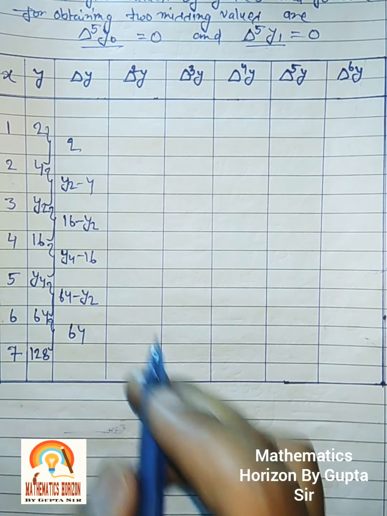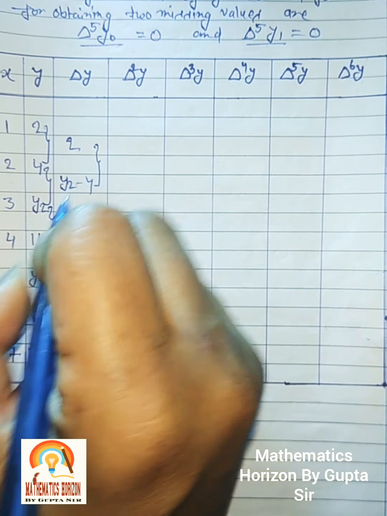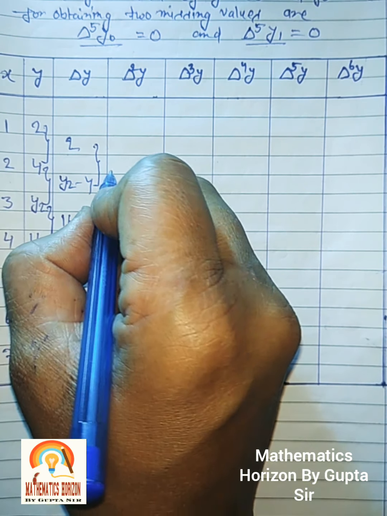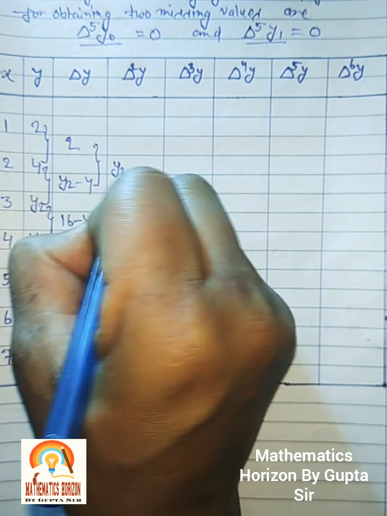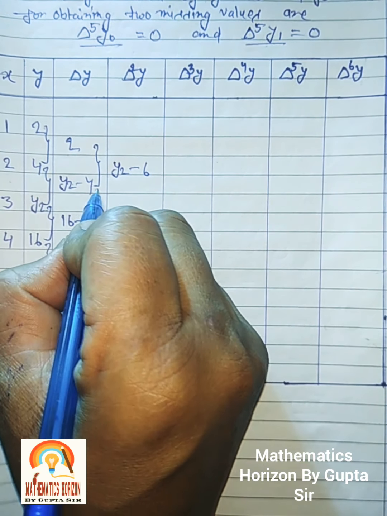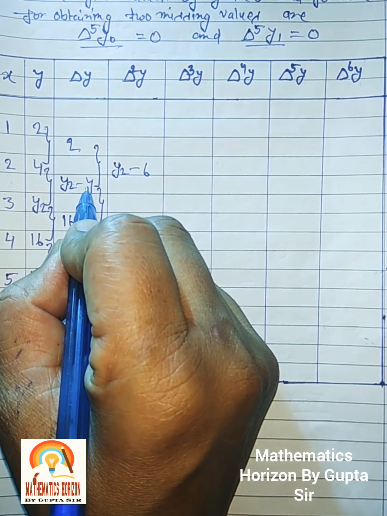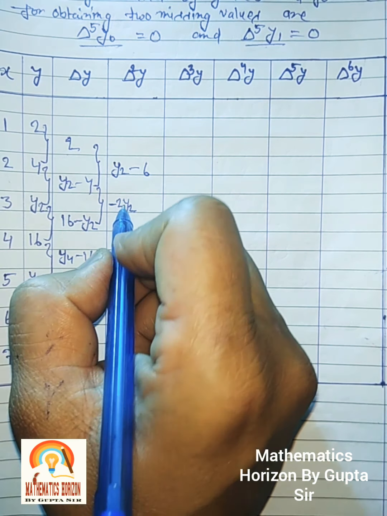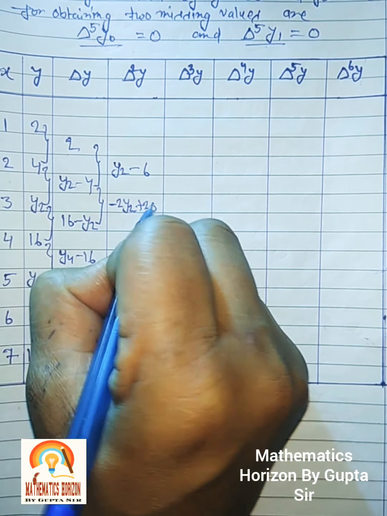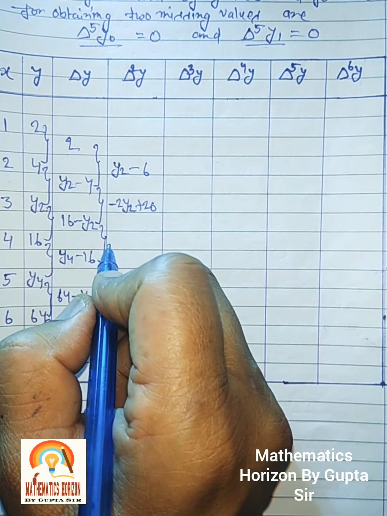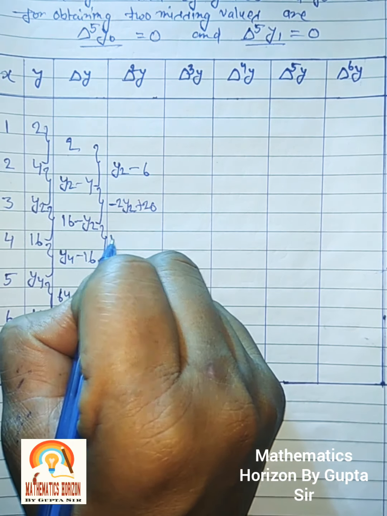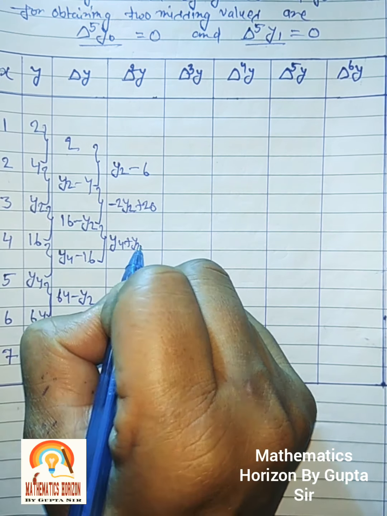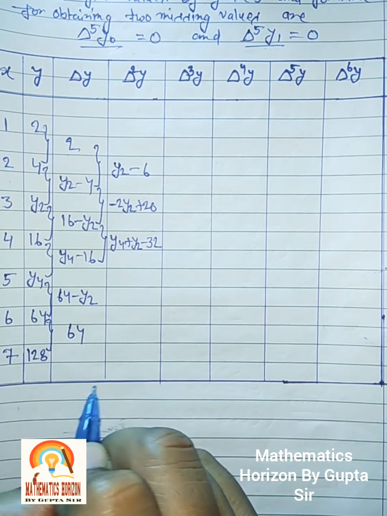Now we calculate differences of second order, means we subtract: this minus this. Here we get y2 minus 6. This minus this, here we get minus 2y2 plus 20. Difference of these two, here we get y4 plus y2 minus 32.